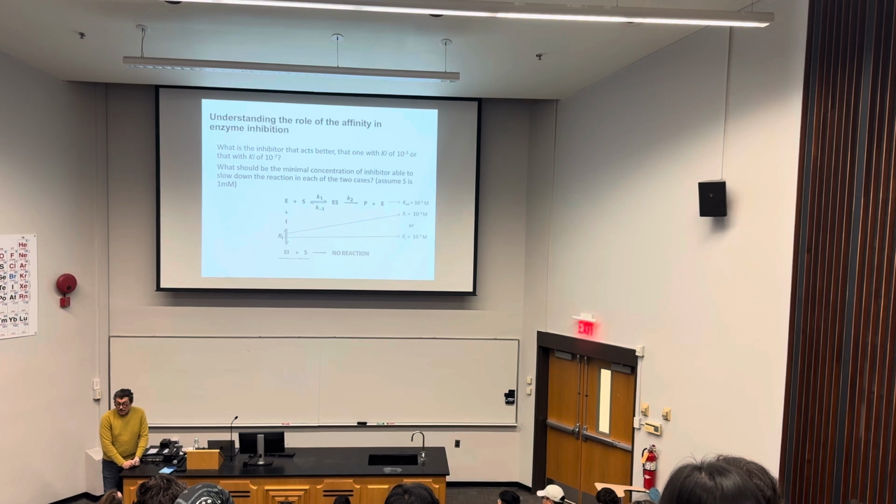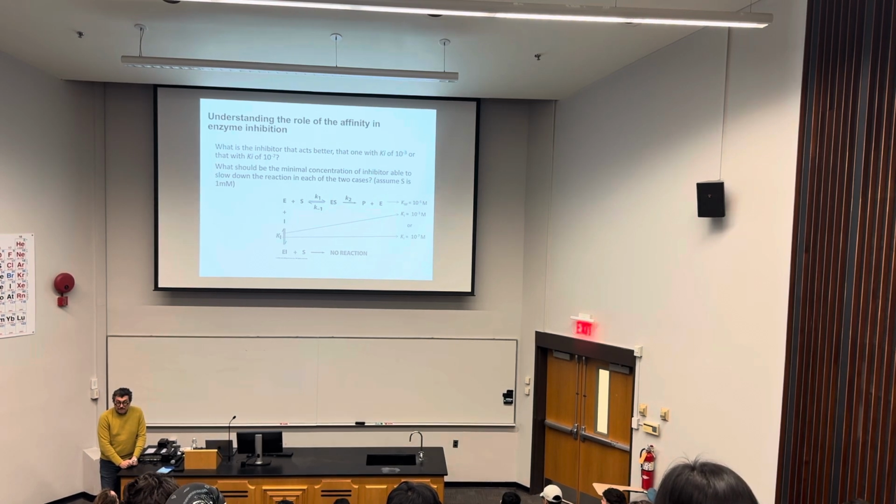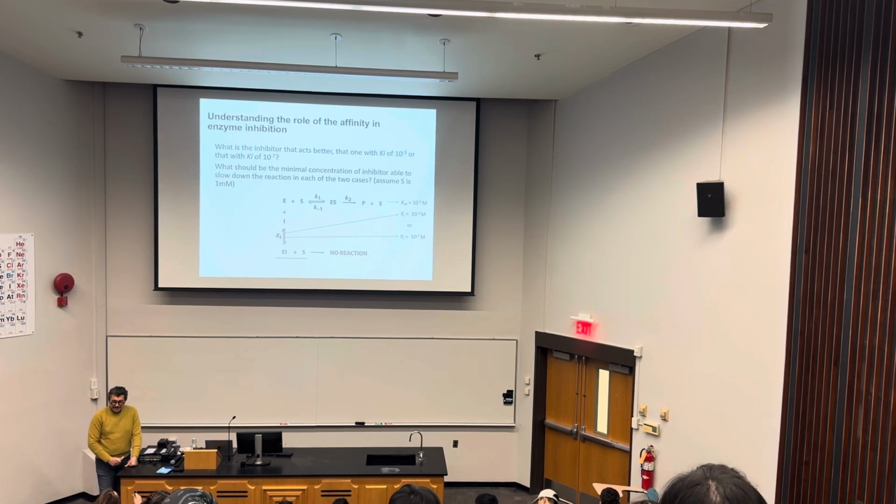Going back to Km, the same is true for the other. Ki could be considered similar to Km or Ks. The smaller the Km, the higher the affinity. So the smaller the Ki, the higher the affinity of the inhibitor to the enzyme. Okay? So it's 10 to the power of minus 7. Yeah, it's a very large magnitude of smallness.